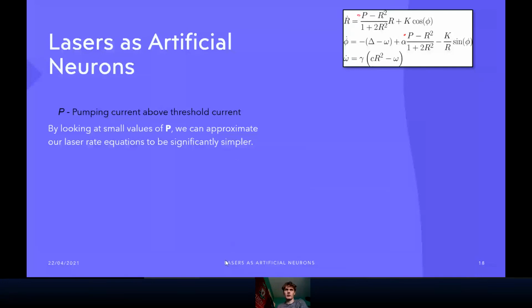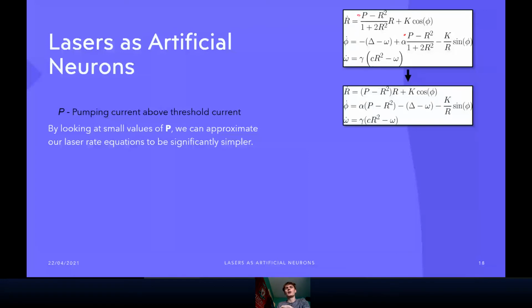So apply that approximation. P, remember, is the pumping current above the threshold. Sorry, I didn't expect anyone to remember that. Do that. And now we're going to use some trickery. We're going to just rescale time, rescale a few parameters, and get our equations looking like this.